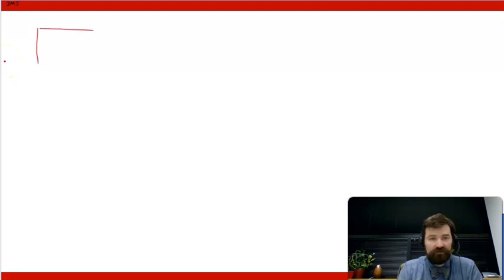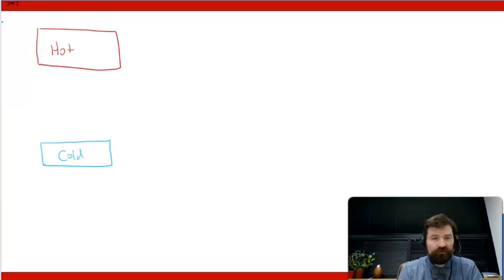The diagram, in some sense, taken in reverse, is how a refrigerator, or for that matter, an air conditioner works. So we have our hot reservoir again, we have our cold reservoir again. Cold down here, hot up here. And this time, we are able to pull some heat up from the cold reservoir.